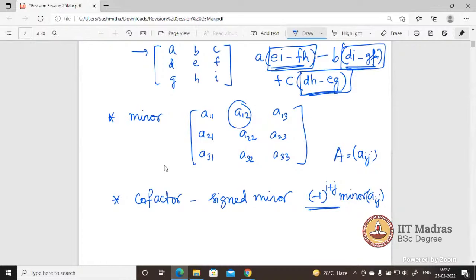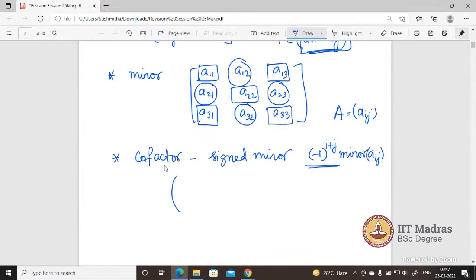So at all these positions, the sum of the indices is odd, so the minors corresponding to these 4 elements will be multiplied with minus 1 to get the cofactor. Whereas for the ones in these positions where the sum of the indices is even, your cofactor will be equal to the minor.